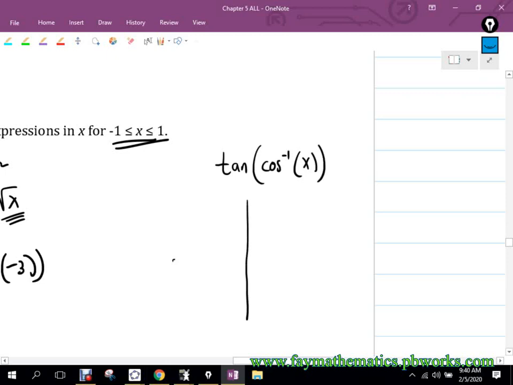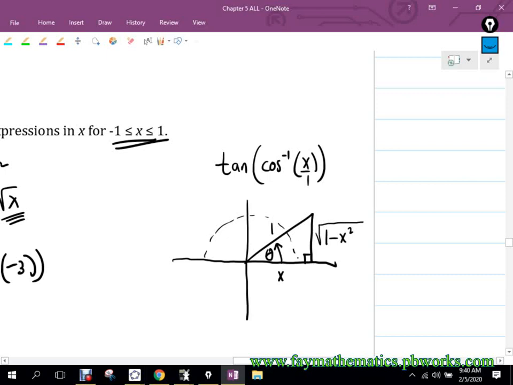Still the same picture, right? Because it's cosine inverse of x over 1. Cosine inverse is going to give me something positive in the first or second quadrant. Cosine inverse only gives me something between those two quadrants, but it's positive only in this quadrant. So I know if that's x, that's 1, and this would be the square root of 1 minus x squared, right? This is theta.